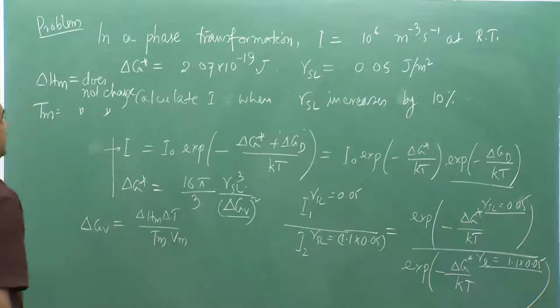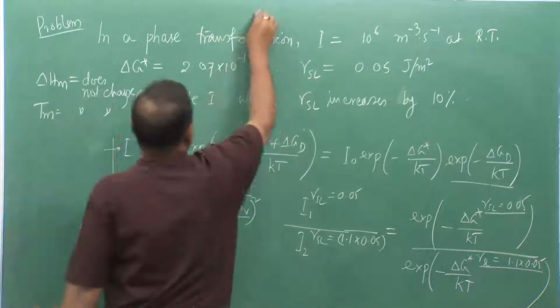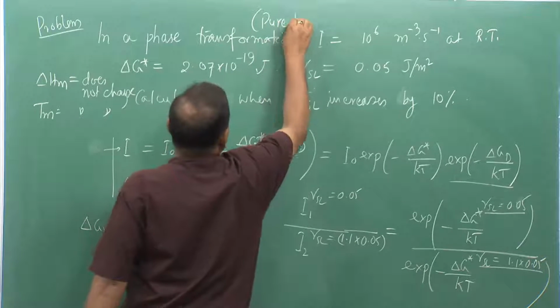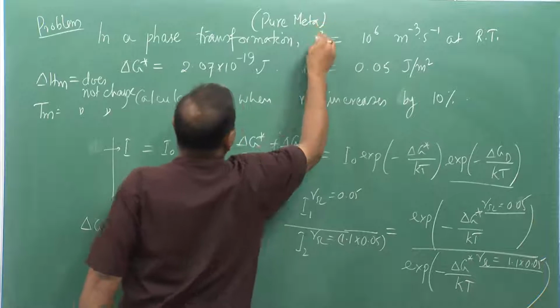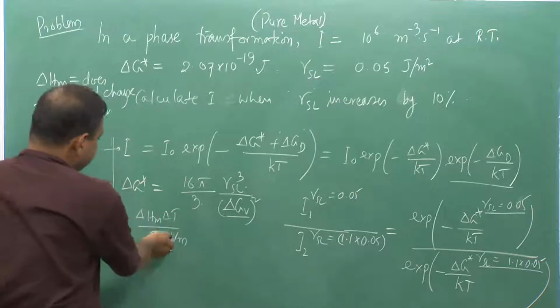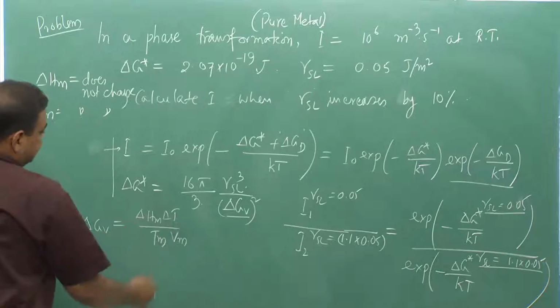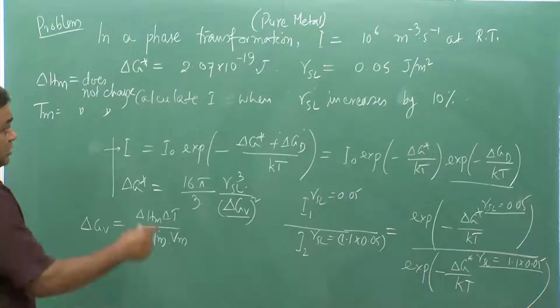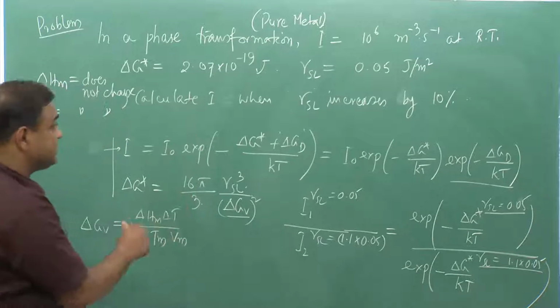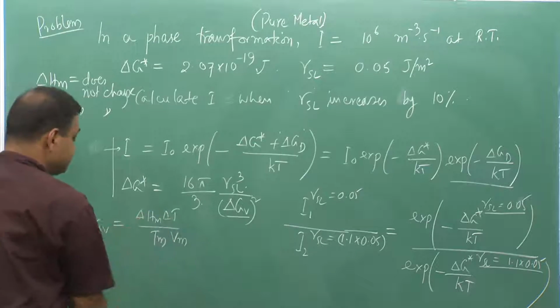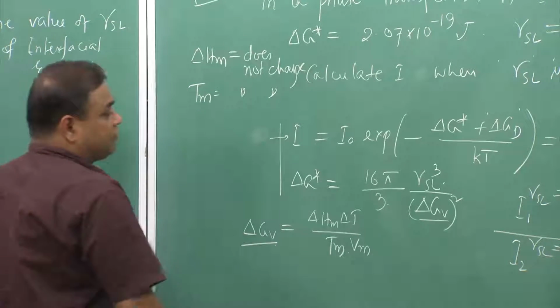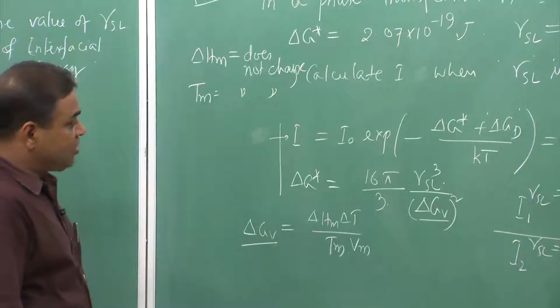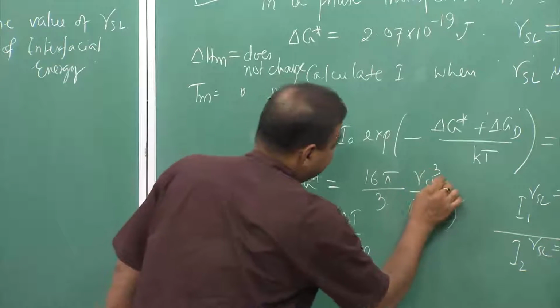Let us say this is a pure metal. Tm does not change, Vm does not change, delta T remains the same, because if Tm remains the same and we are taking it at room temperature, del T would remain the same. So, this one would not vary. The only thing that would vary is this one.